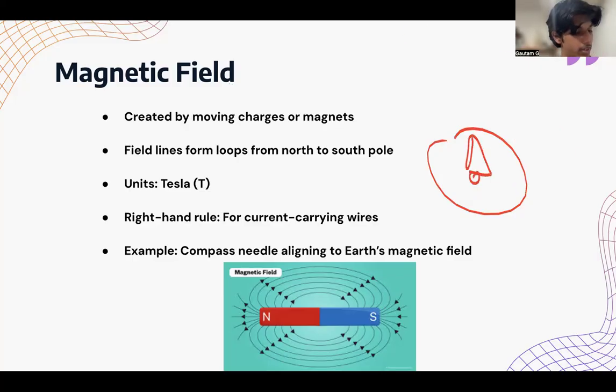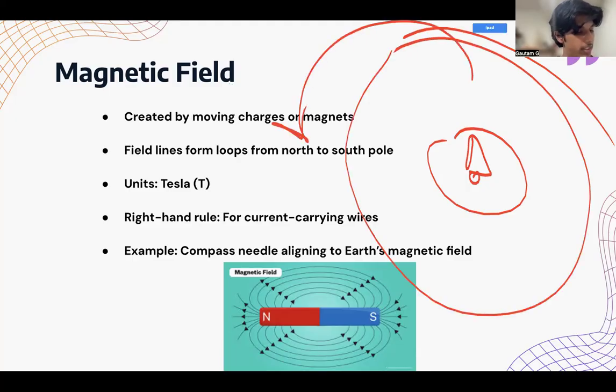Earth as a whole generates a magnetic field through the poles because there's a ball. The outer core has liquid iron or liquid metal, right? And iron generates a magnetic field, and this magnetic field comes out through the poles, right?